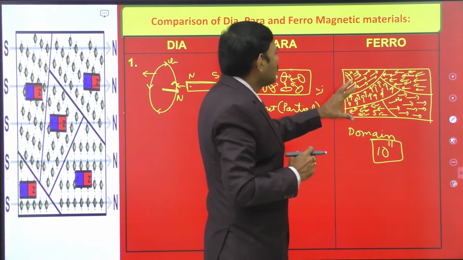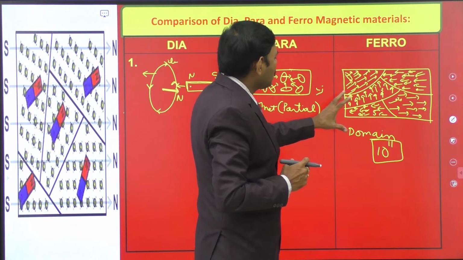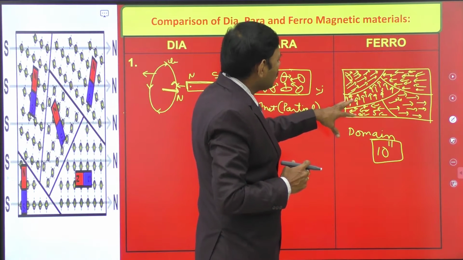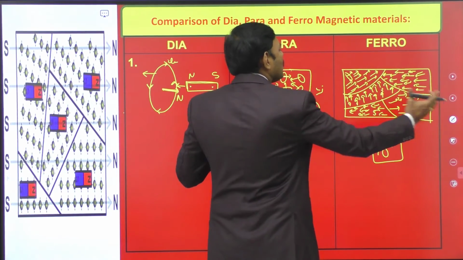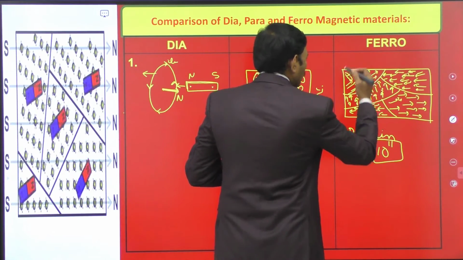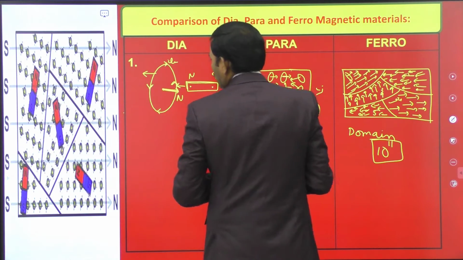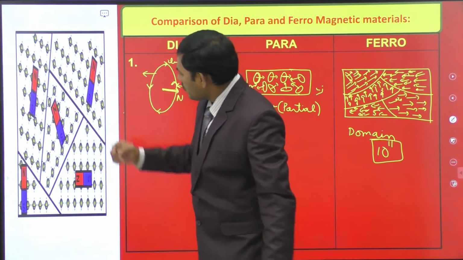When this ferromagnetic material possessing domain structure is kept in an external magnetic field, all may orient along the applied magnetic field. So when the magnetic field is applied, see the image.